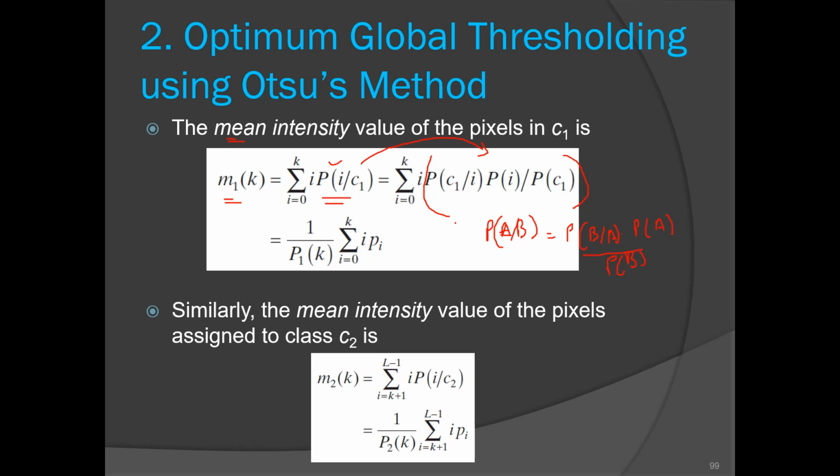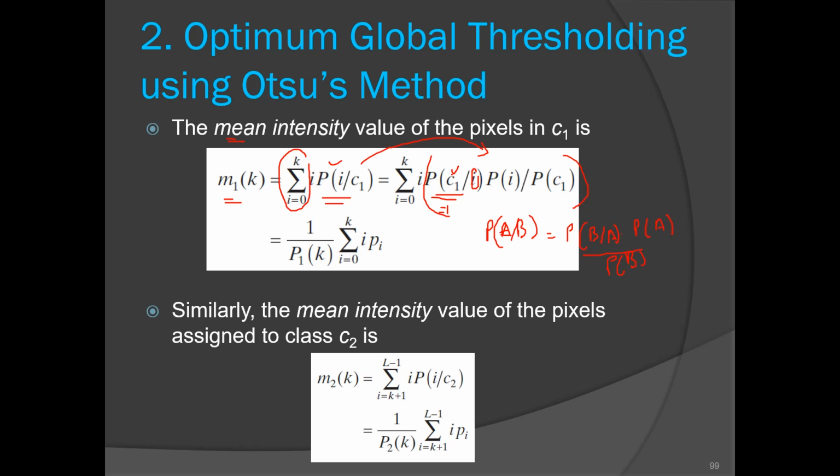Now what will be the value of this probability of C1 given i? C1 is a collection of pixels lying in this range, right? The value of i is between 0 and k, so this value is actually 1, because all these pixels lie in C1 only.